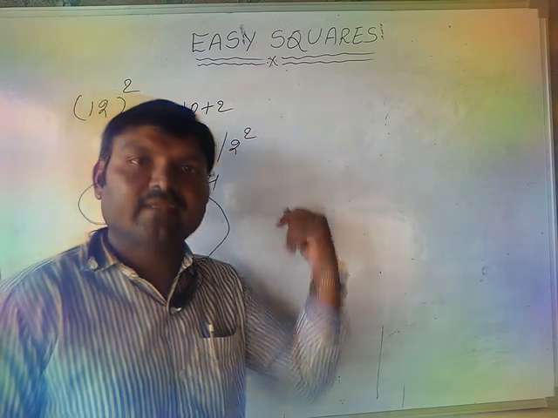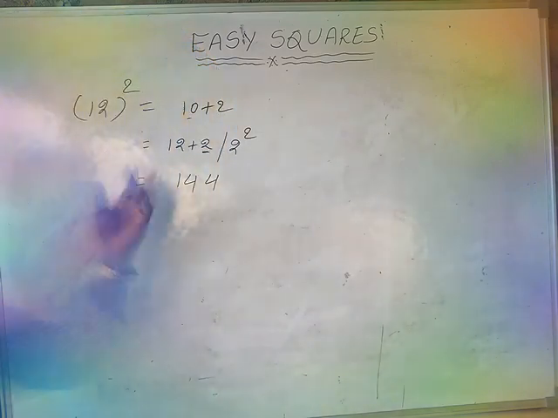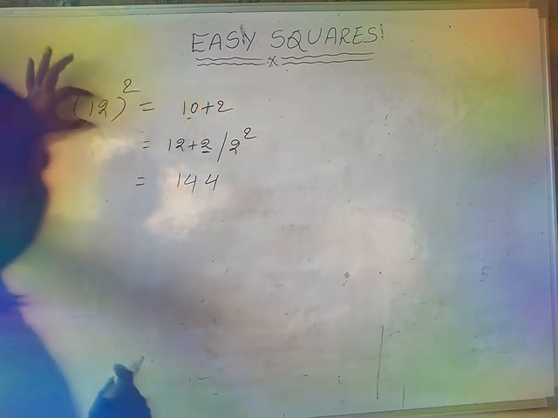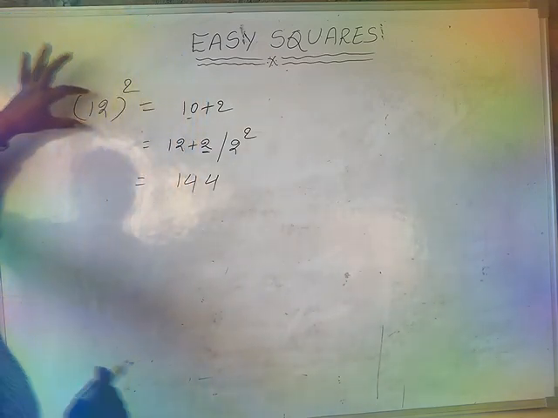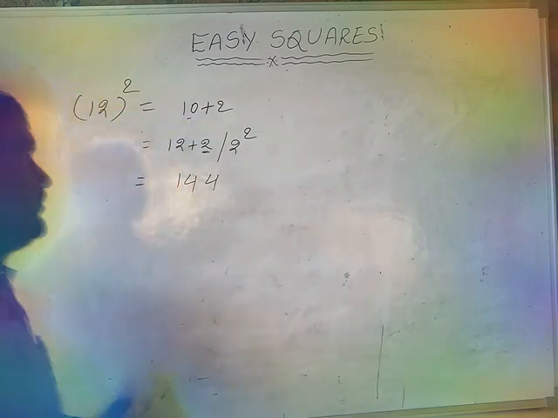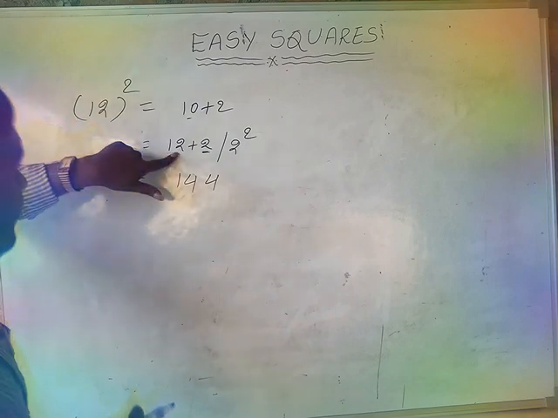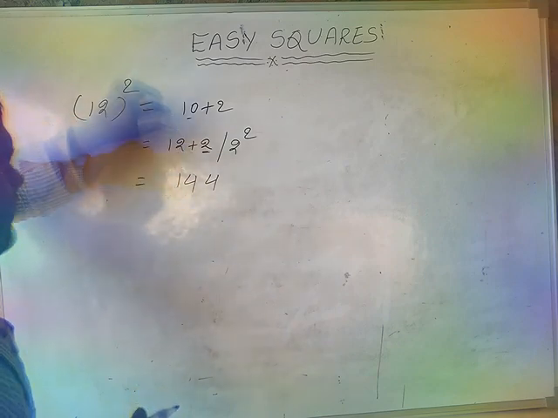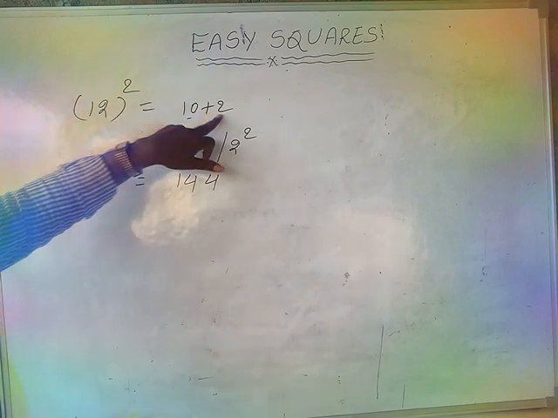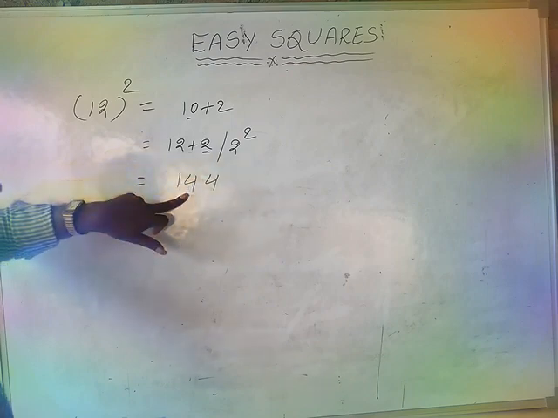So we can find the square of any given number. 12 square: the nearest main base is 10, and 10 plus 2 is 12. After that, the given number is 12, and we add the extra number, 2. 12 plus 2 means 14.